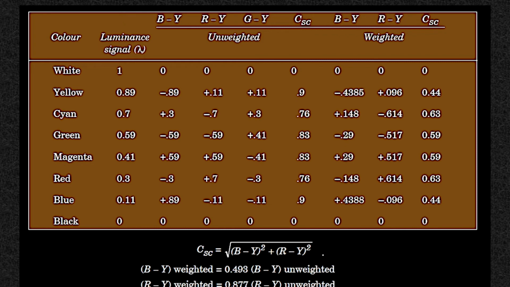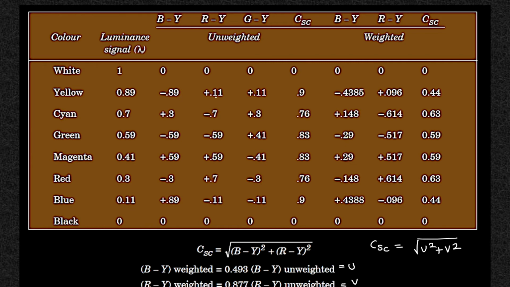If B minus Y is weighted, this will be called U, and this will be called V. So your color subcarrier will be the square root of U squared plus V squared. So if you scale this 0.89, this is the luminance, and B minus Y if you scale by 0.493, you will get this one, this is a weighted component.